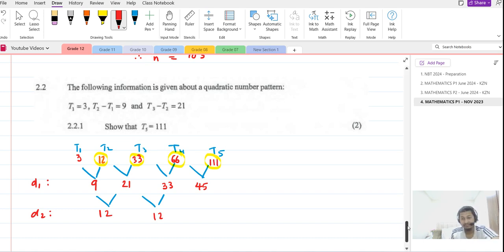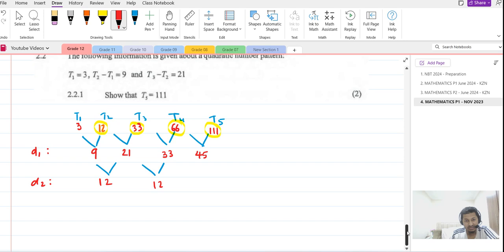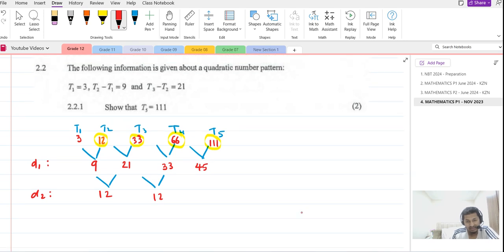So how are we going to show this answer? You basically showed it here in the circles, right? But how would you write it mathematically? We're going to say term 4. How did we get term 4? Because we had 21 here, you're going to say 33 plus 33.